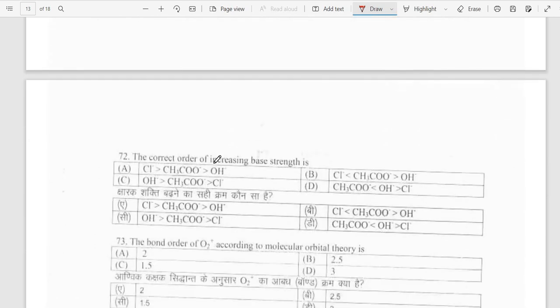The correct order of increasing basic strength: Cl minus, CH3COO minus (acetate ion), and OH minus (hydroxide ion). First we have to draw their corresponding acids.